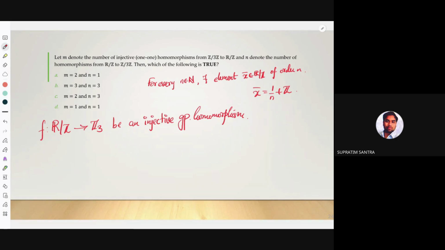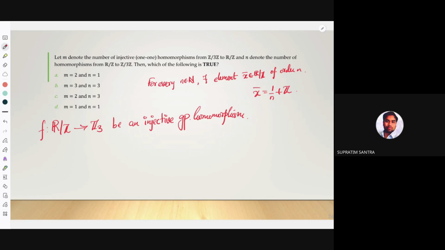So n times x bar is basically n times 1 by n plus Z, which is 1 plus Z. And since 1 belongs to Z, this is in fact Z, and that's the identity element of R mod Z. Right. So that's the first thing we'll remember.